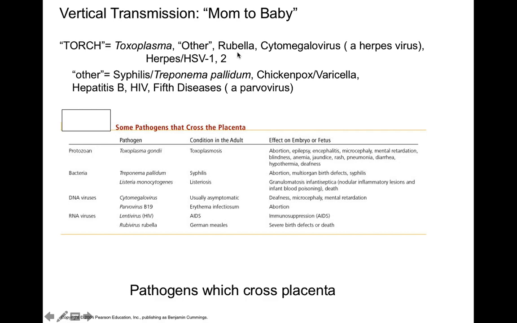Okay, and then rubella, the so-called German measles, and cytomegalovirus, which is a herpes virus, and then human herpesvirus types 1 and 2, the herpes simplex viruses, right? So again, you guys, I want to double check these on the herpes simplex viruses and the chickenpox crossing the placenta. I should have done that research before I put this together, but let me find out, okay?